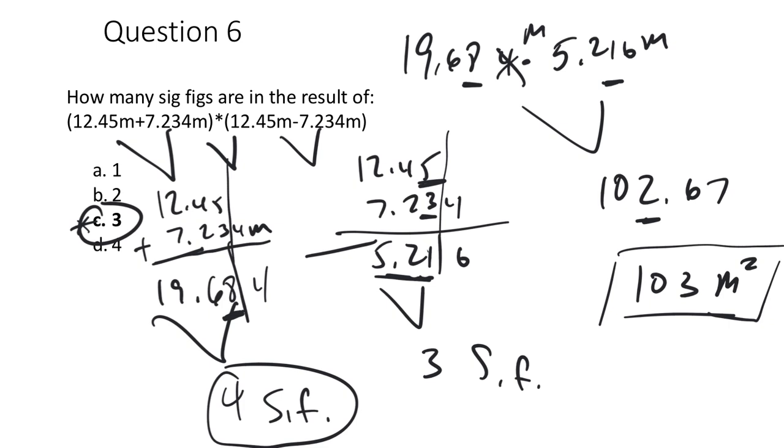But in any event, if I had rounded this to 5.22, and we do the step of 19.68 times 5.22 where we rounded, I bet we still get 103. And we do, we still get 103 square meters, still 3 sig figs. So it's okay if you round like in a textbook problem or an exam problem.